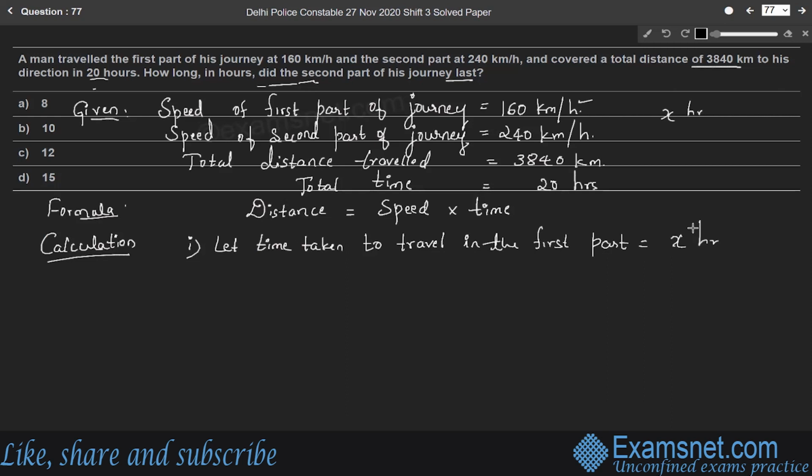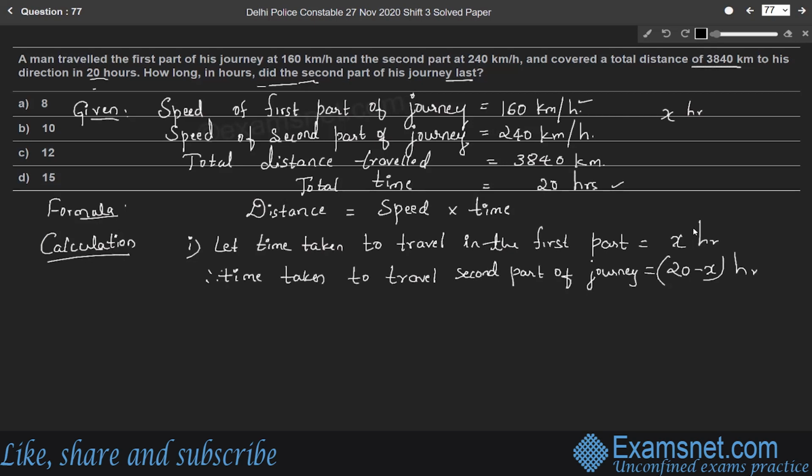Then here given that total time is 20 hours, therefore time taken to travel in the second part of the journey is 20 minus x hours.